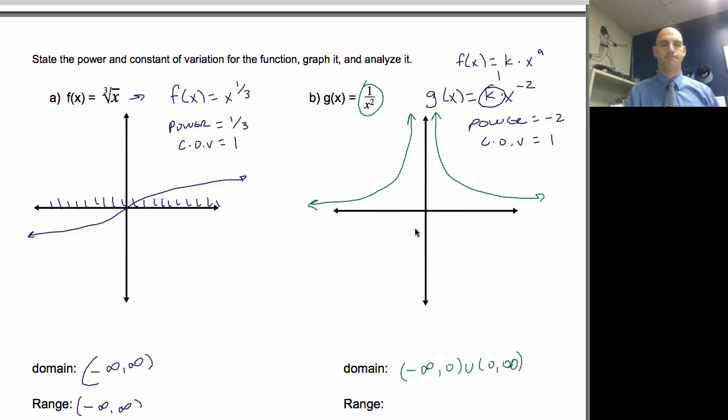My range. What could possibly come out? Well, when I look at my graph, check out what's happening here. Infinitely big values of y. But at the bottom, I'm not going into the negative part. I'm not going into y equals negative 1 or y equals negative 2. In fact, I have this graph that kind of flattens out right when it gets to the x-axis.